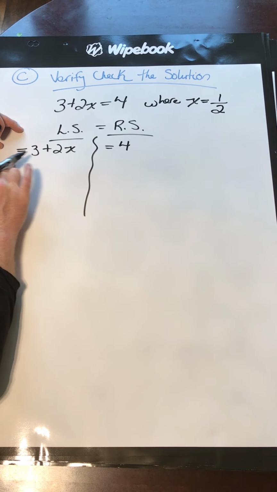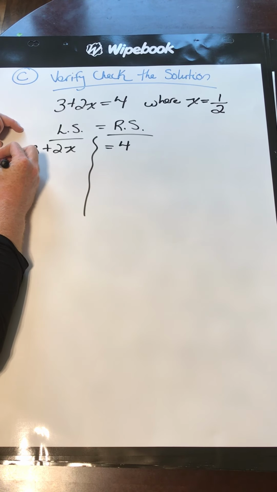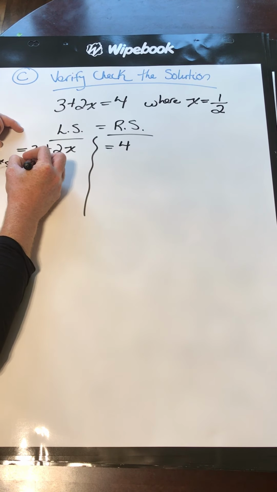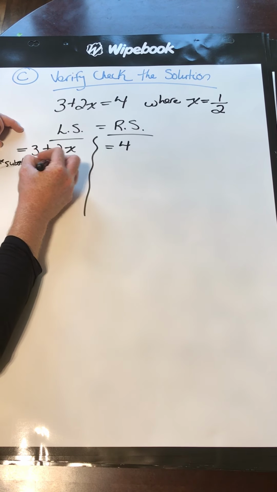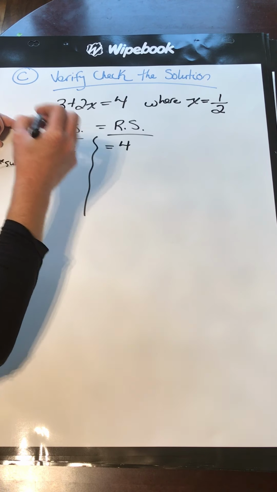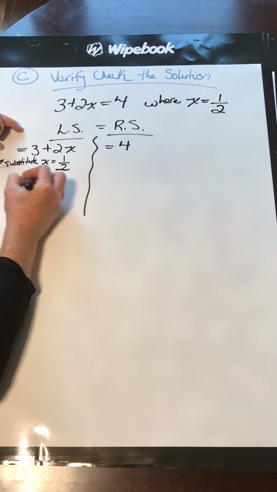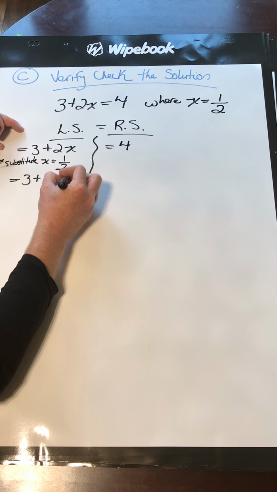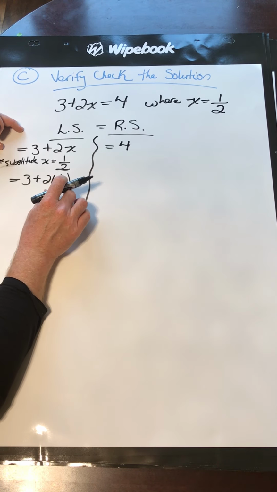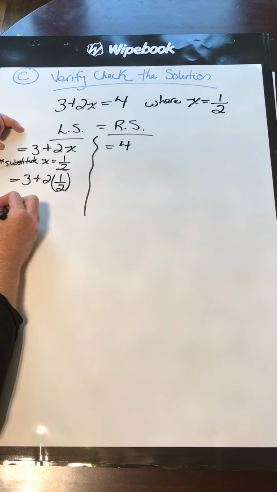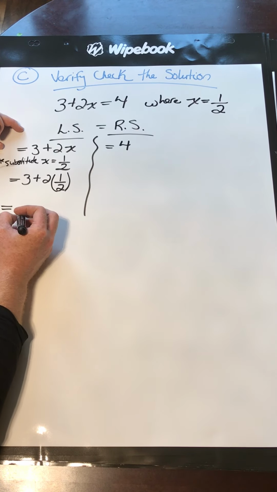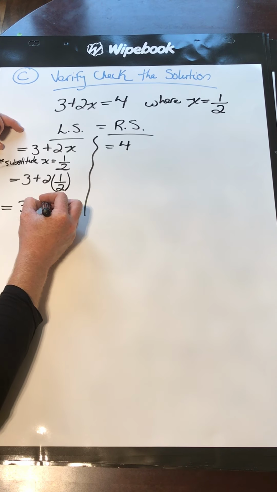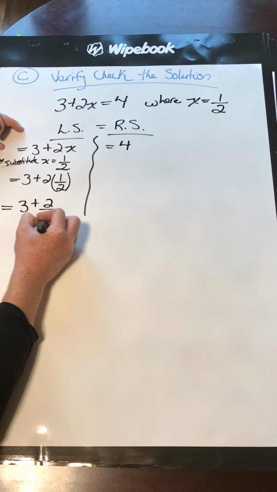So what do I have to do here? I have to substitute x is equal to a half. So that will be 3 plus 2 times a half. Remember, these brackets mean times. Okay, so I can go here, 3 plus 2 times 1 is 2, and it's over 2.